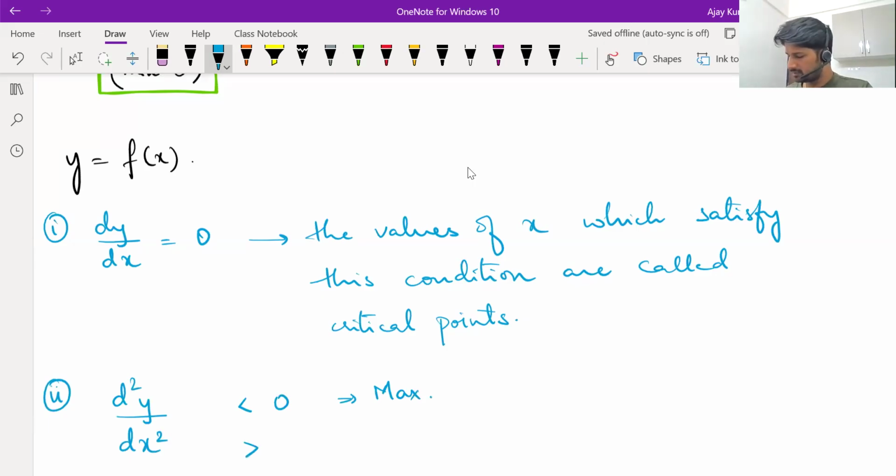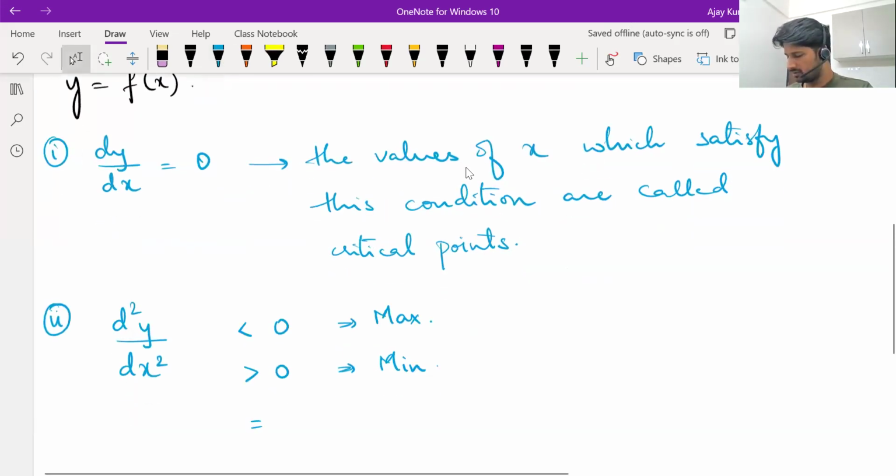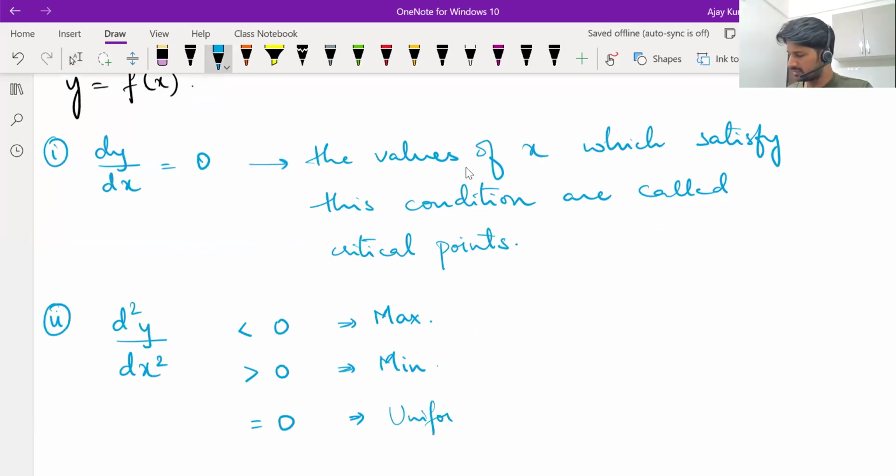If second derivative is positive, the critical value corresponds to a minimum. If second derivative is also 0, then it means the function is uniform there. It is not changing. It's neither maximum nor minimum. We say the function is uniform.